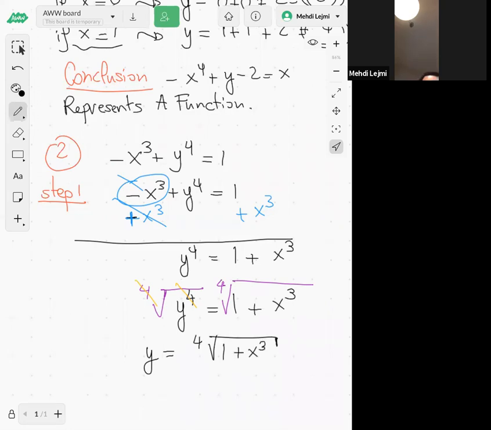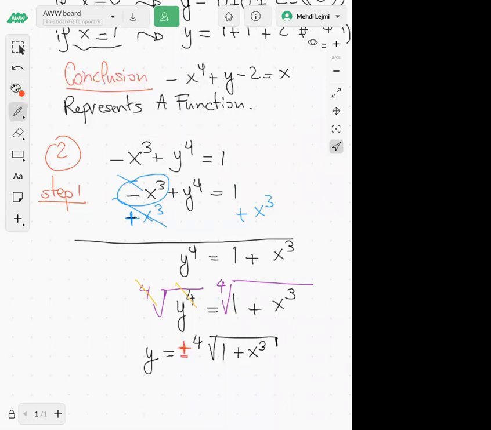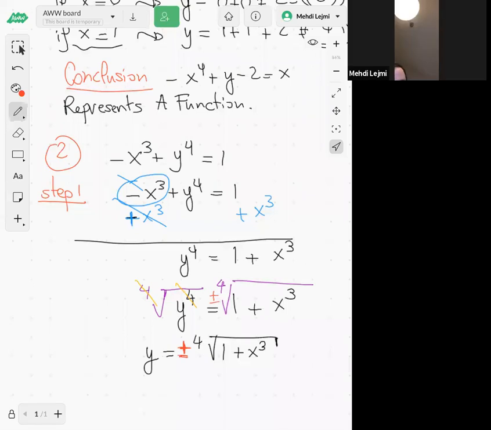Okay, and now in my next step, I can check if for each input x, there's exactly one output. But here, guys, as you can see, there's something missing, right? Because there's the plus or minus here, and that's because we have an even power.